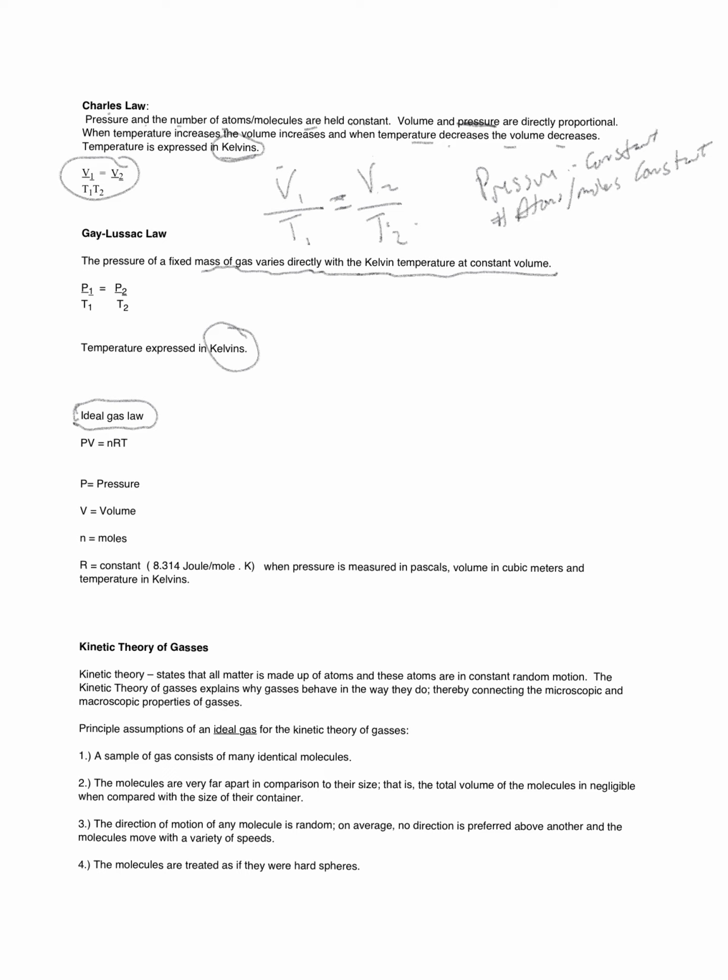So P is for pressure, V is for volume, N is for moles, and the R is a constant, which is 8.314 joules per mole degree Kelvin. So when pressure is measured in pascals, volume is in cubic meters, and temperature in kelvins.